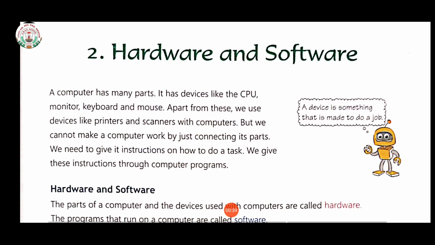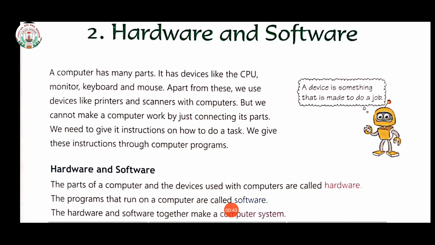A computer has many parts. It has devices like the CPU, monitor, keyboard and mouse. Apart from these, we use devices like printers and scanners with computers, but we cannot make a computer work by just connecting its parts.